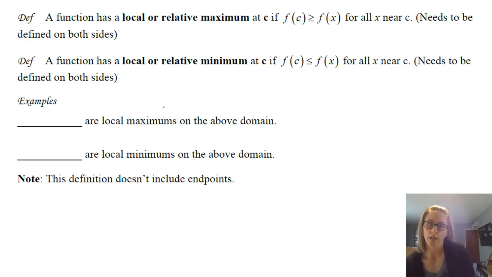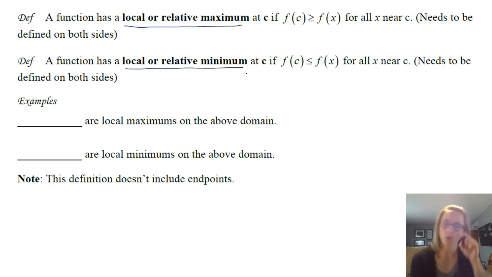We also have the idea of a local or relative maximum or local or relative minimum. And of course, we're using our very mathy notation here. But it's telling us that we have a local or relative maximum or minimum when that y value is higher or lower, depending on maximum or minimum, for all x, notice we're going to say near c.